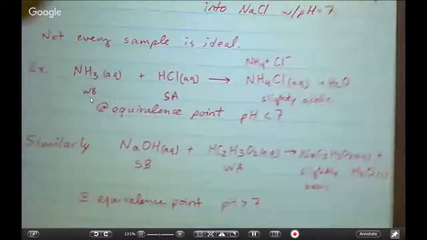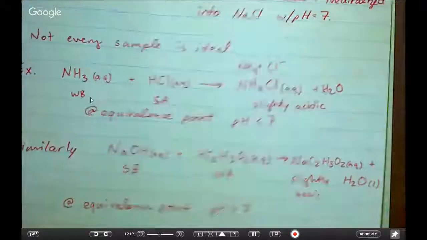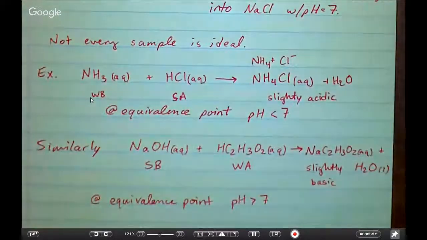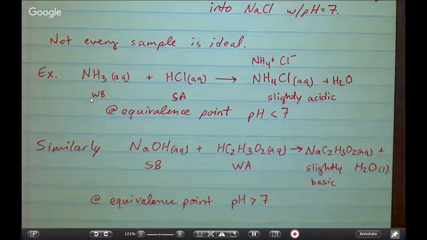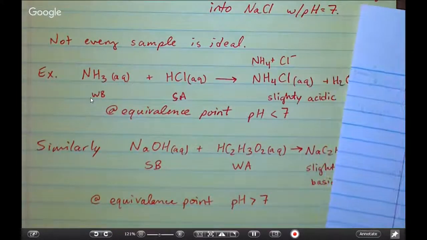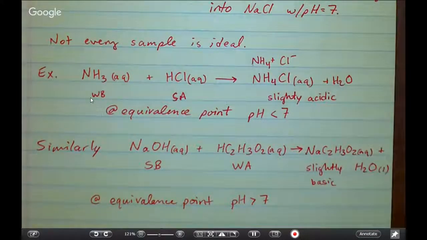The equivalence point changes based on how strong your acid or base is that's being mixed with the acid or base. What would happen if they were both a strong acid and a strong base, it would just be 7, right? Yeah. Okay. What if it was just a weak base and a weak acid?